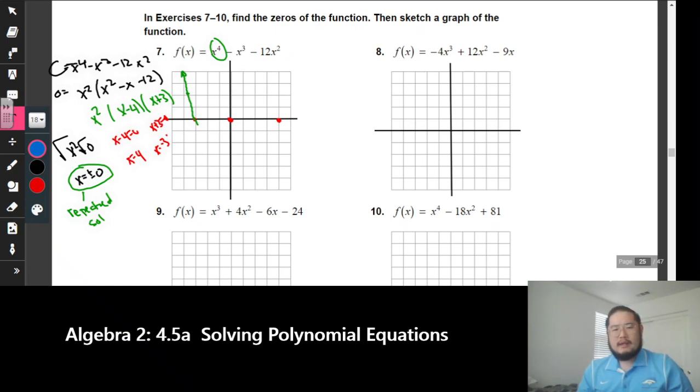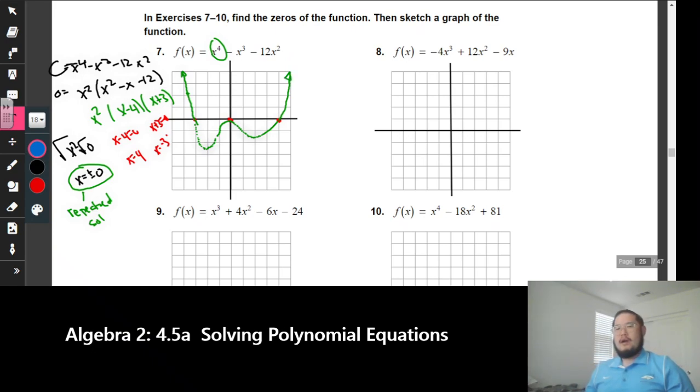I don't really mind too much, but what I do know is that it's going to go down and then it'll eventually go back up. And at 0, remember, if it's a repeated solution, it's not going to intersect. So it's going to touch 0 and then go back down and then it's going to intersect at positive 4. And then remember, from here it goes up.